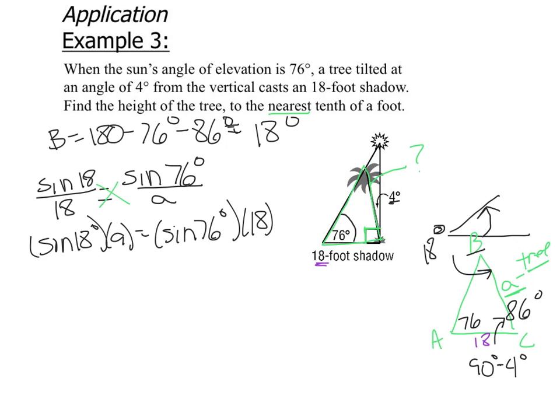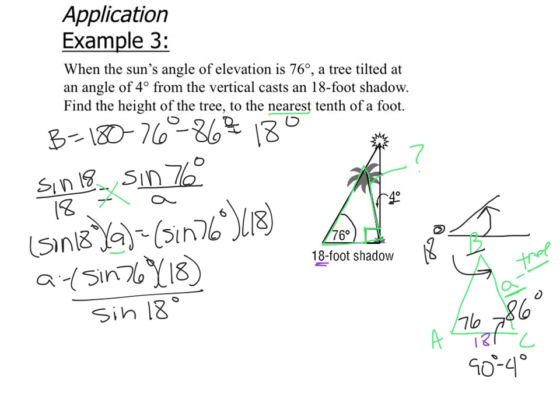And then I would divide both sides by the sine of 18 to get A alone, because here's my A. So I would have A equals the sine of 76 degrees times 18 all over the sine of 18 degrees.